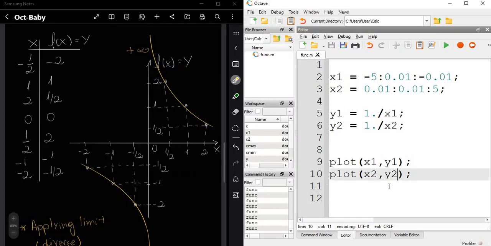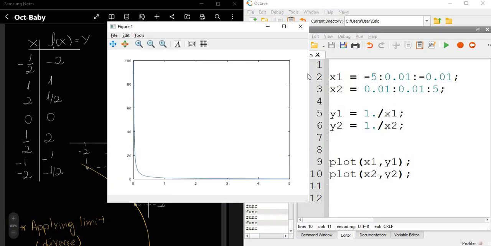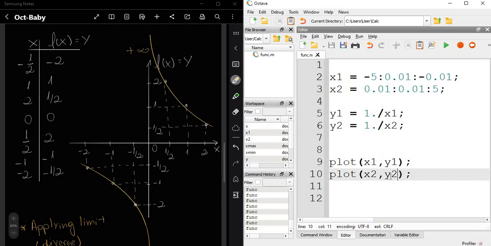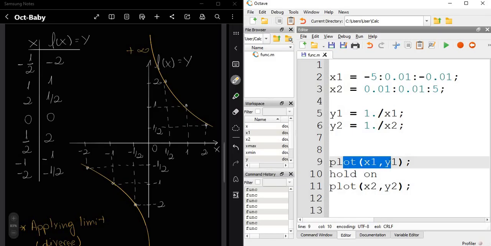Okay, it doesn't work because as you can see right now it is plotting only the second function y2. What we need to do is to use this command, hold on. So this first function y1 will be held on the screen, in the window.